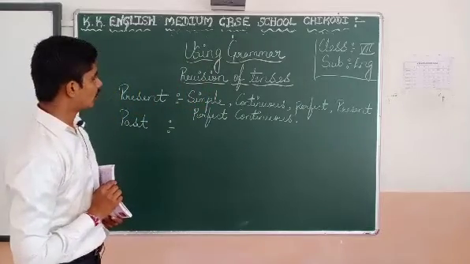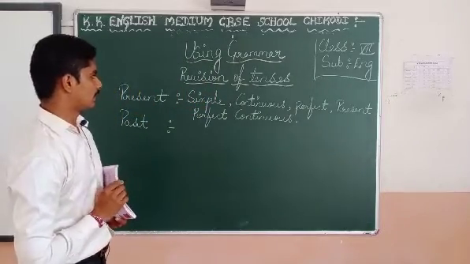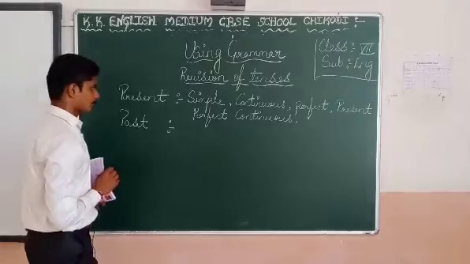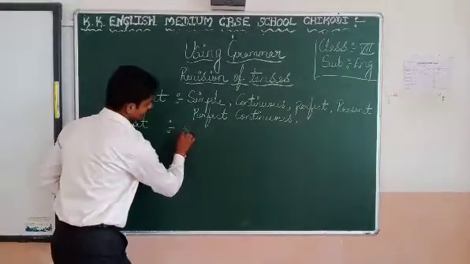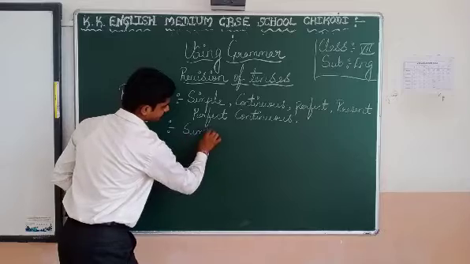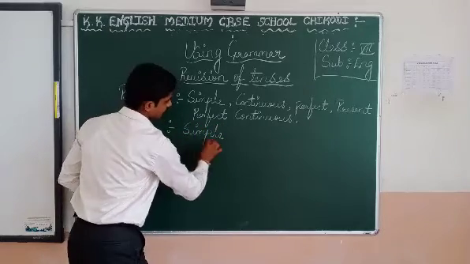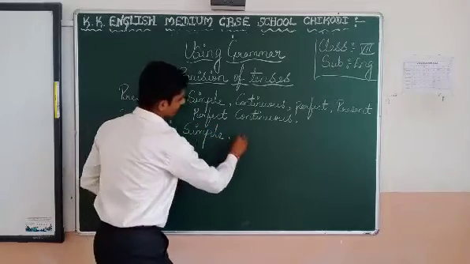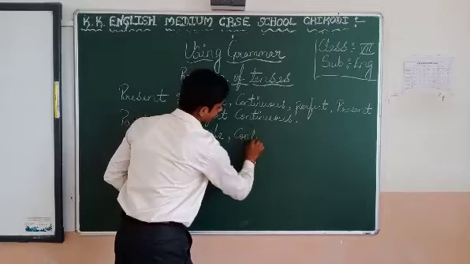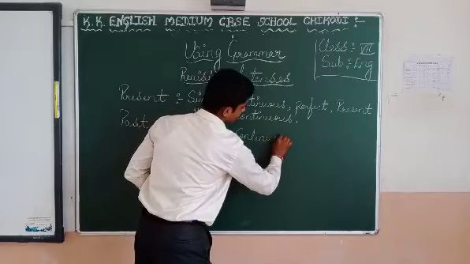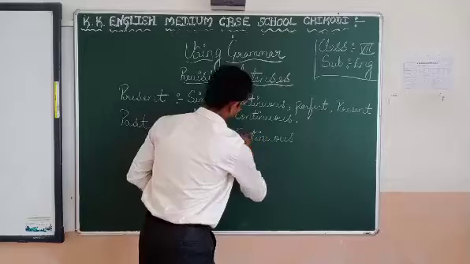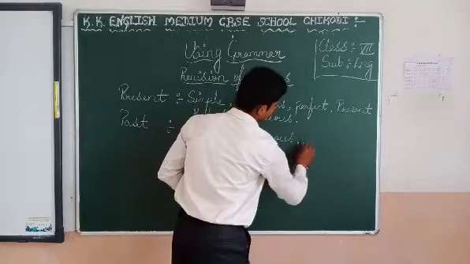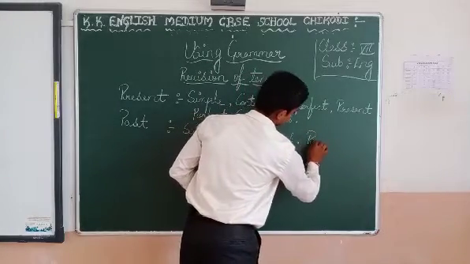So how we can continue this with the present? And let's see the past. In the past we have simple past tense, we have past continuous tense. Okay, and we have past perfect tense.